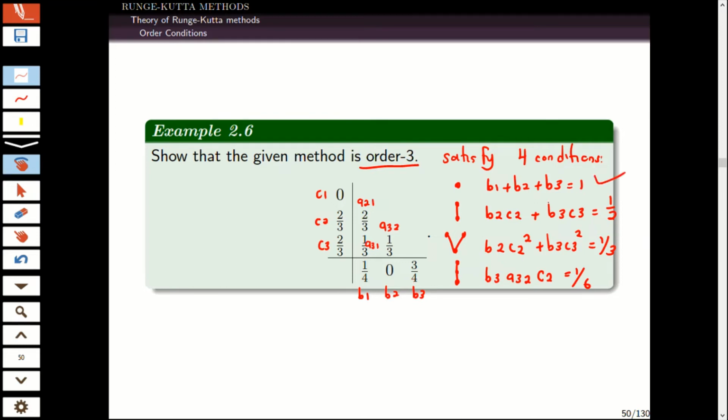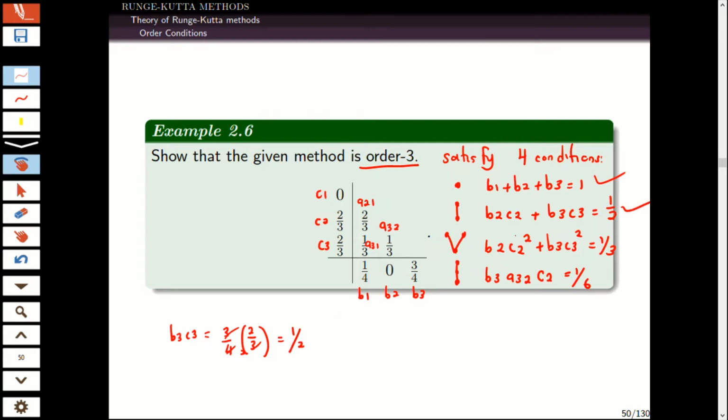Okay, that's good. b2 c2, 0, plus b3 c3. So what is b3 c3? We have 3/4 multiplied by 2/3. So we have half. So satisfied.